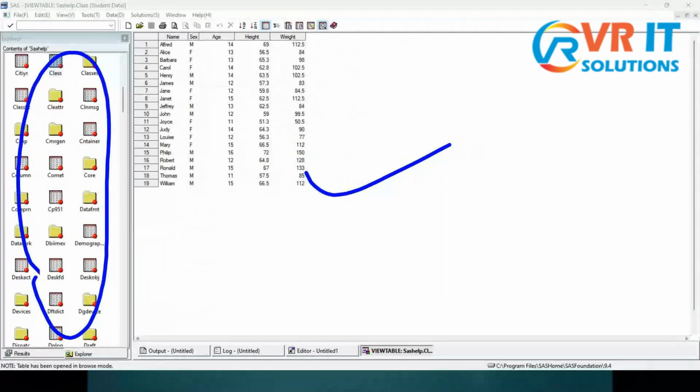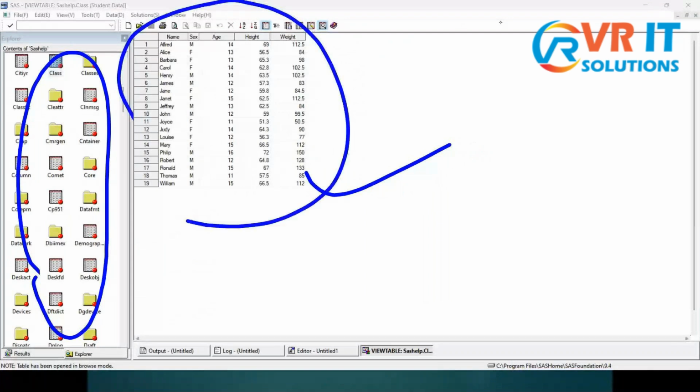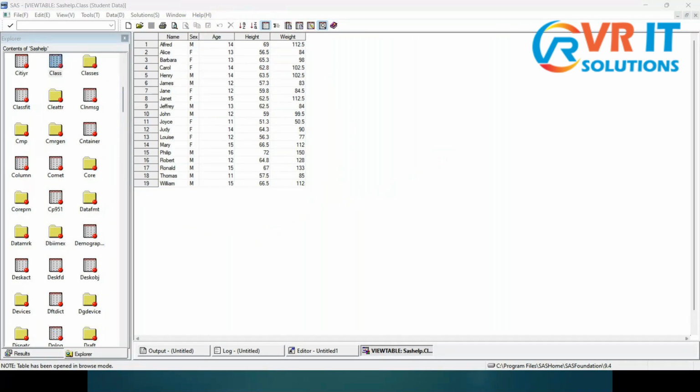Even the clinical trial data looks similar, but the variables would be different. Instead of name we will have patient or subject. Age, height and weight are common. Additionally, we will see a lot of other data also: lab data, adverse events, vital signs, a lot of data will be included.